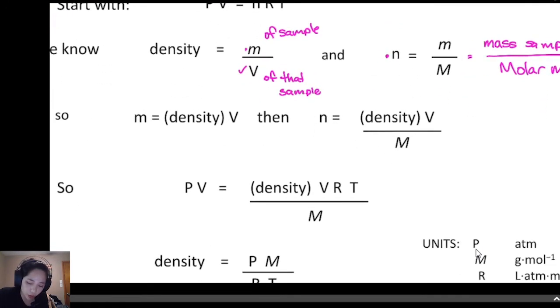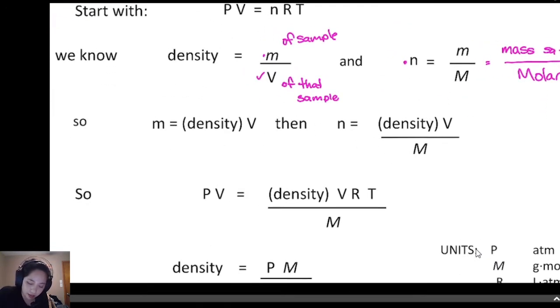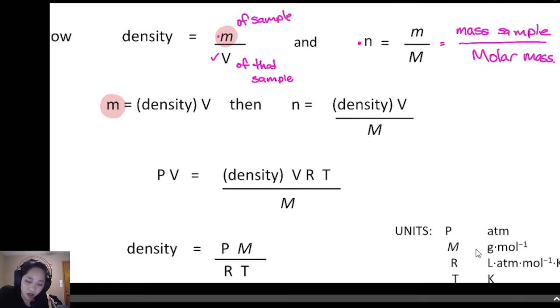So essentially, we're going to rearrange our density equation to put mass on one side. All right, so mass is equal to density times volume. And then we can put that into our n equation, because this is going to go into our ideal gas law.